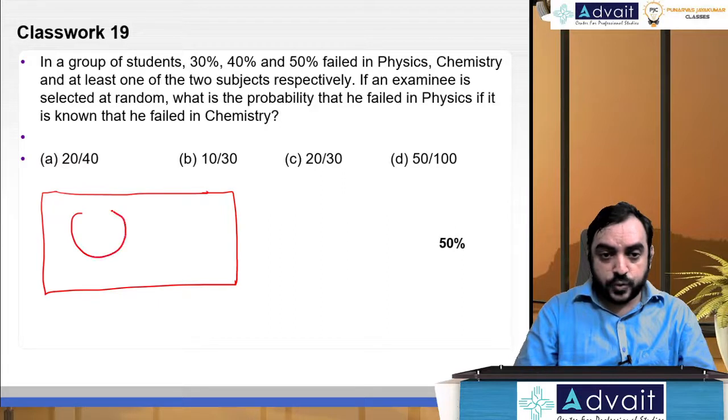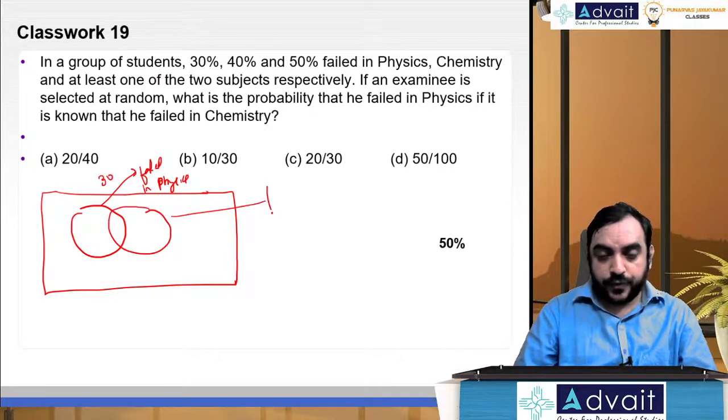In a group of students, failed in physics, so this is failed in physics, which is 30. And this one failed in chemistry, which is 40.